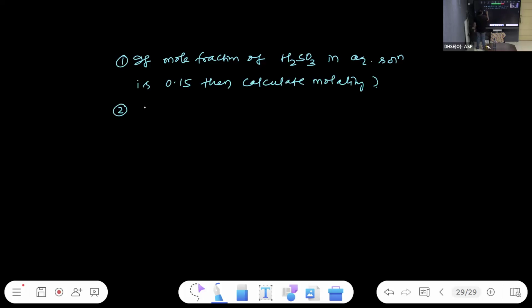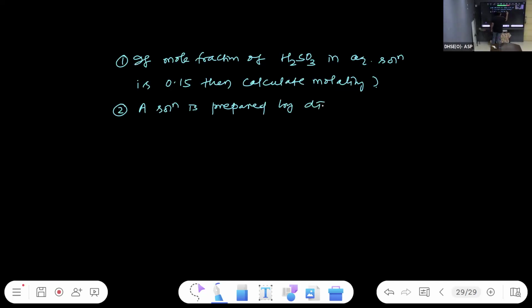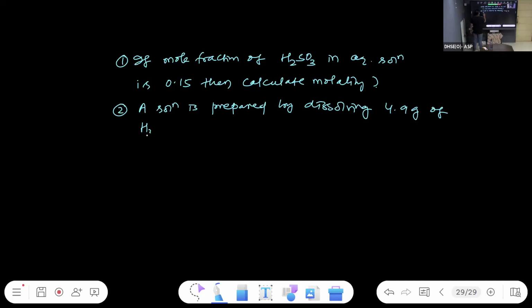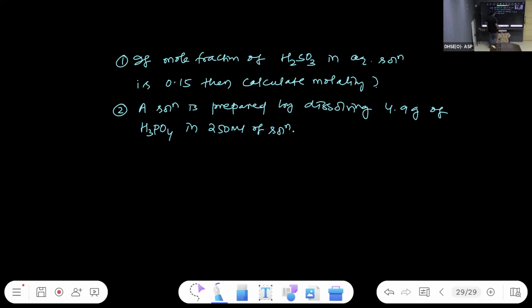A solution is prepared by dissolving 4.9 gram of phosphoric acid H3PO4 in 250 milliliter of the solution.